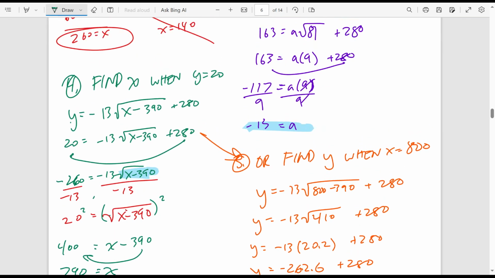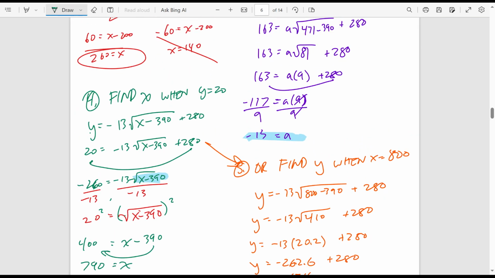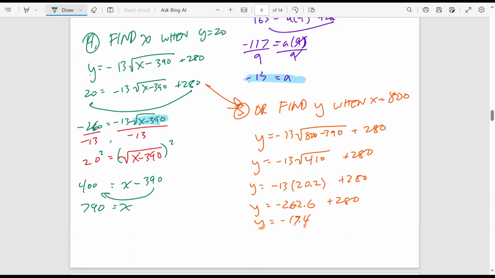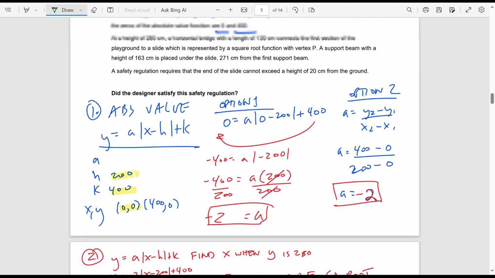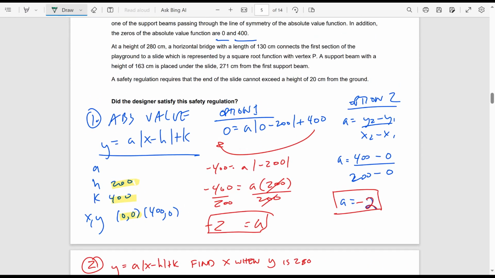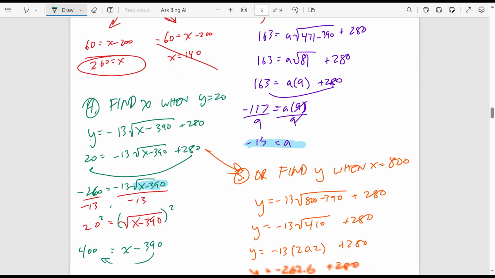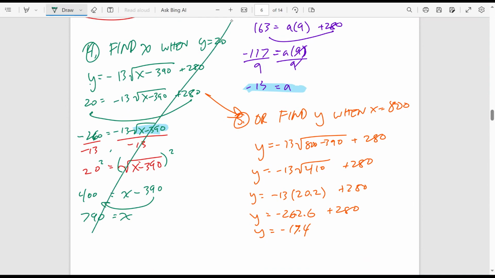It does make more sense to solve for y. In terms of disproving the statement, I would probably nix this one and solve it this way, because at least that way you can say, I have a final answer that fits within the 20. I would still leave the work, but either one's fine.